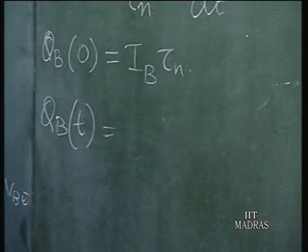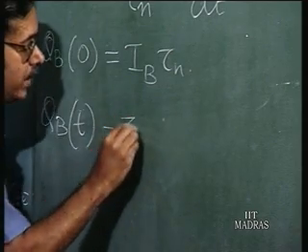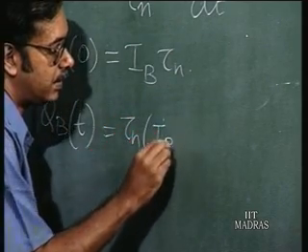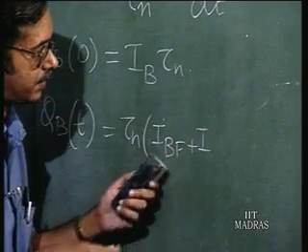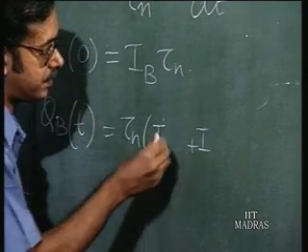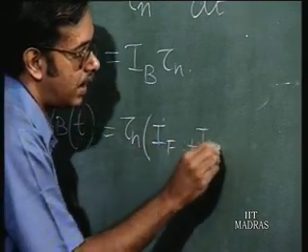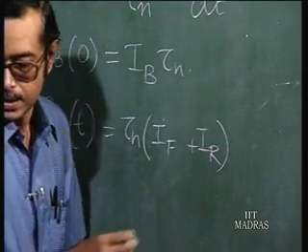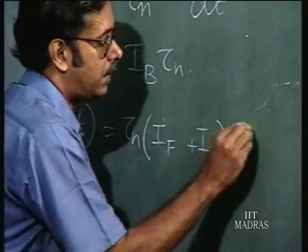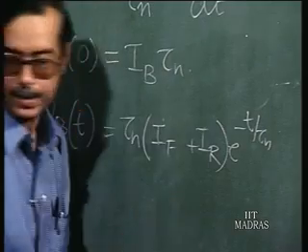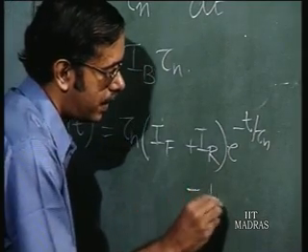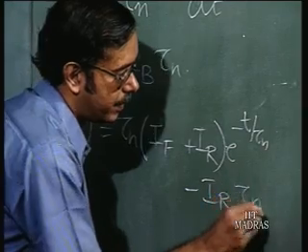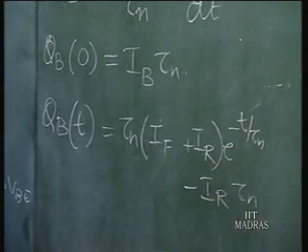You get tau n, just writing the result: IF plus IR, e to the power minus t by tau n, minus IR tau n. So this is the relation.